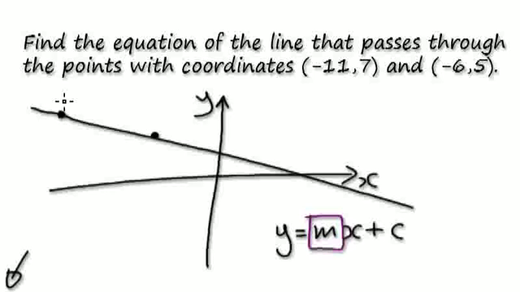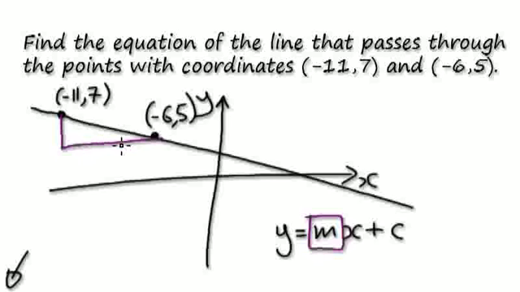This point here is minus 11, 7, and this point is minus 6, 5. Now the hard part, working out the gradient. You need to know the height, so you're interested in the y values here.